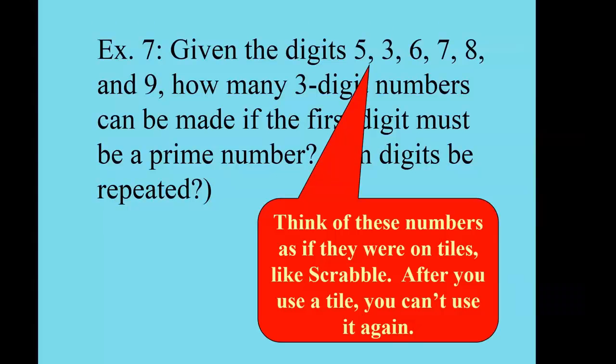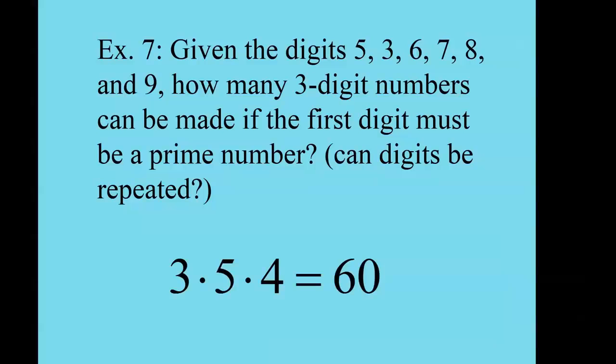Okay, and the answer is, after we've used a number, we can't use it again. So let's talk about why this order. Because they said prime, the first number has 3 options, and then for the second number, of the 6 digits we've only got 5 left to pick from, and then for the third choice, we've already used 2 digits up, so there's 4 left.